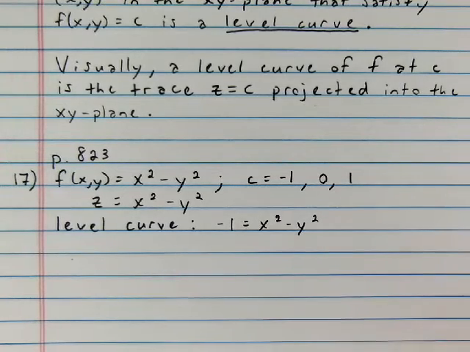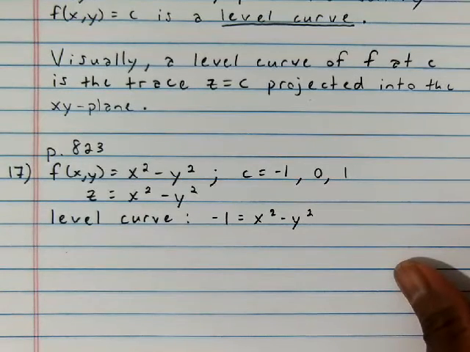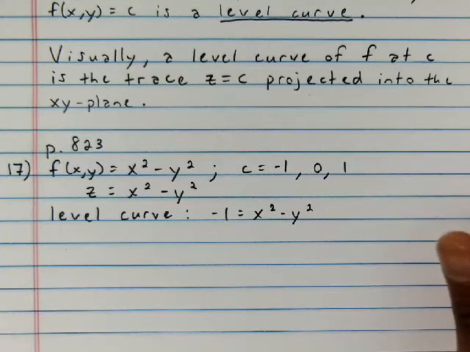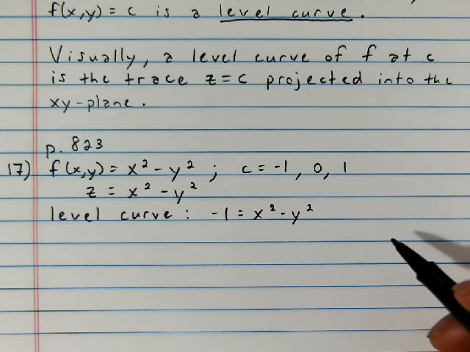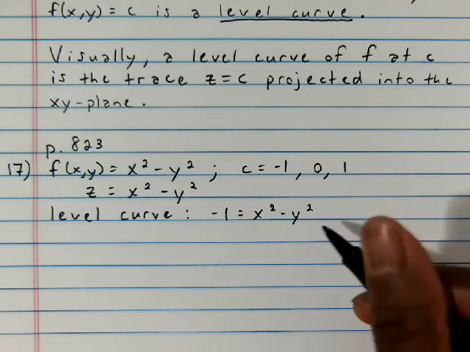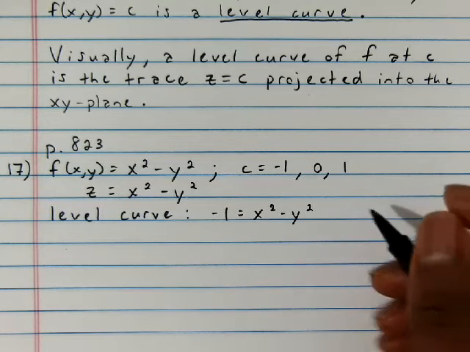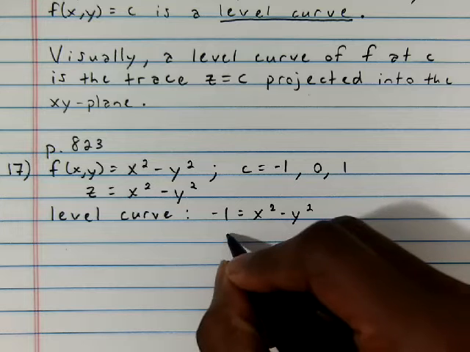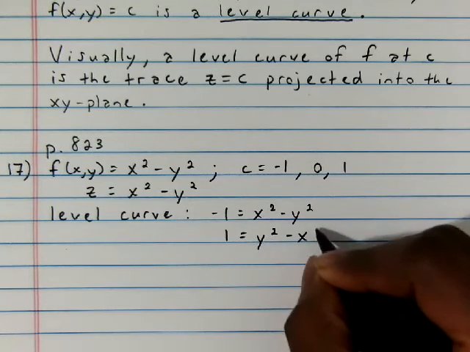Now we have to figure out what this thing looks like, and you can use your prior knowledge of conic sections. You can go on Desmos and plot this to see what it looks like. It doesn't matter how you go about doing it. So this is the same as 1 equals y squared minus x squared.